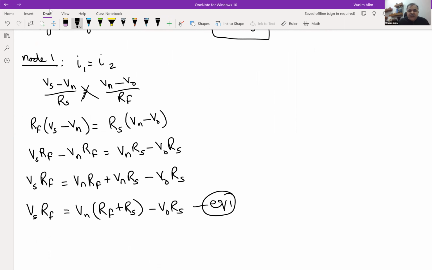We can say that V sub O is equal to, let's just write it like this.